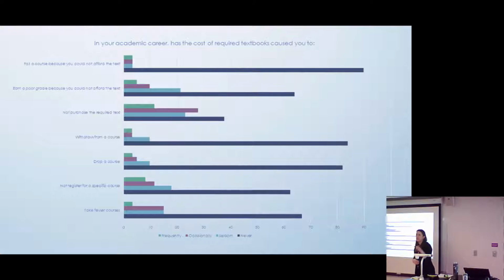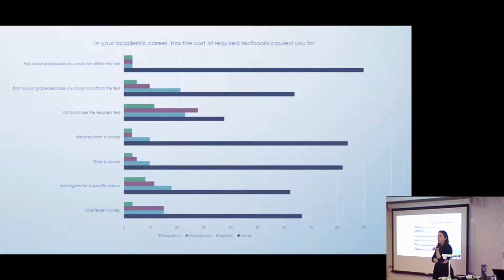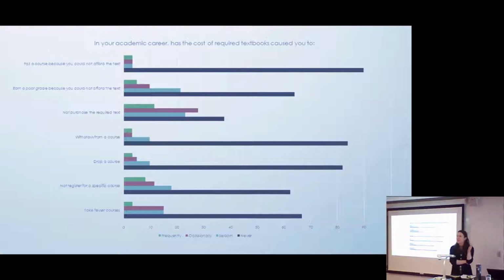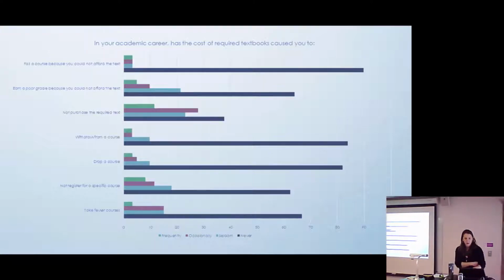I'm sure we've all experienced a student who says, oh, my loans aren't in yet, so I can't buy the textbook. Or, I ordered it from some shady textbook purchasing company because it was the lowest price, and they sent it the slow boat to the United States, so it's not here yet, and they fall behind. So we were hoping that having that free text available would help them.